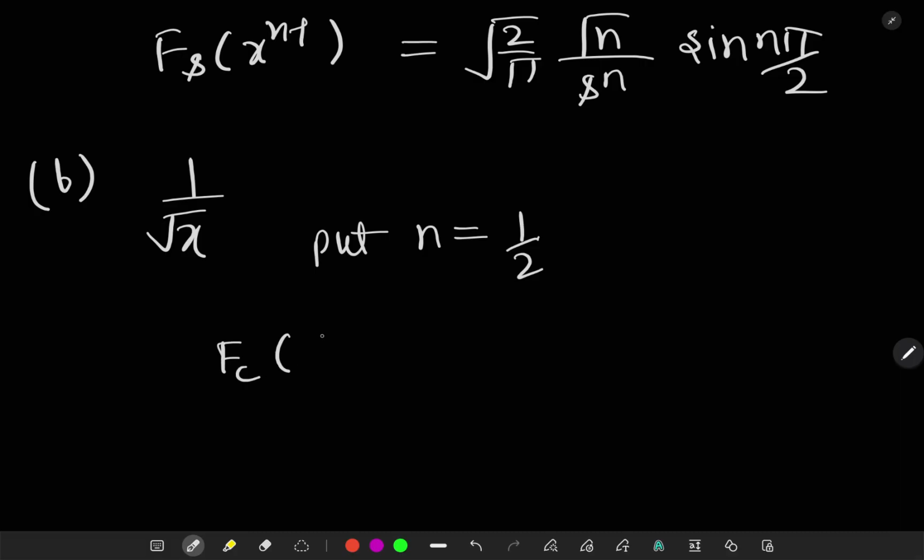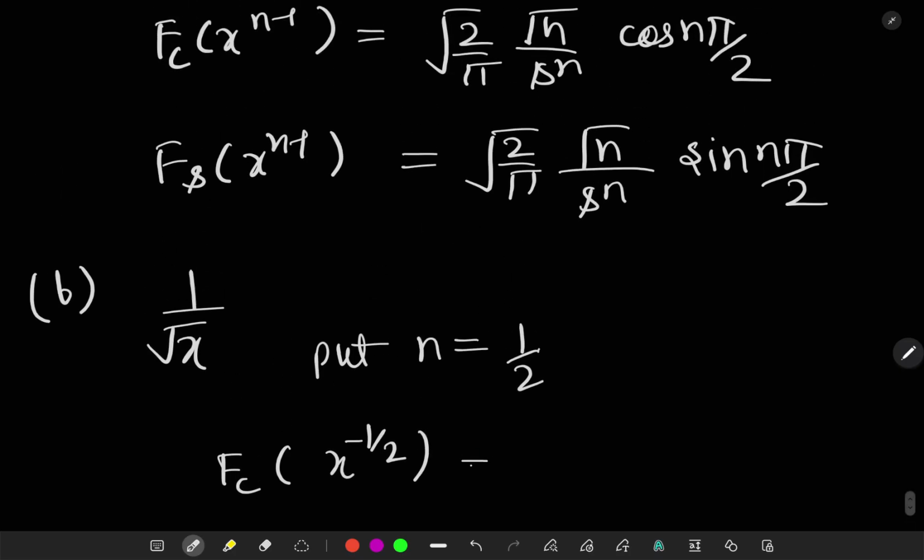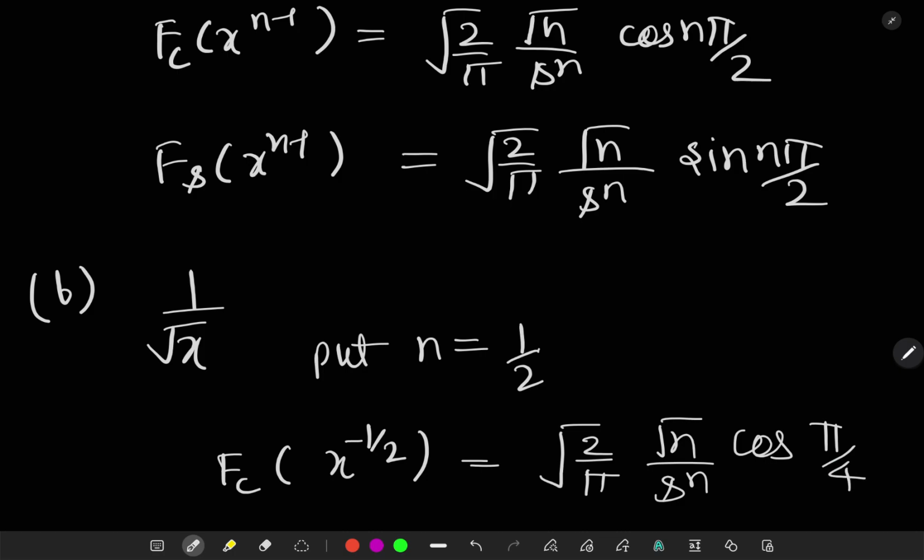Fourier cosine transform of x raised to power minus 1 by 2 equals root 2 by pi, gamma n divided by s raised to power n, cos pi by 4.